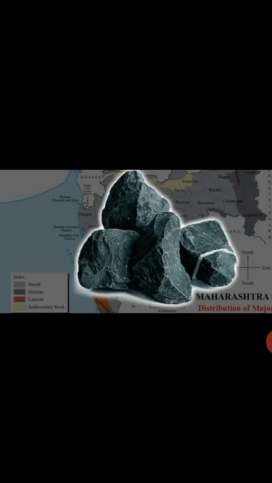Granite rock is found in the eastern part and in South Konkan. Laterite is found in South Konkan. Because of the thick and extensive layer of basalt, Maharashtra does not have large reserves of mineral wealth. Therefore, mining activity is concentrated in South Konkan and in eastern Maharashtra.